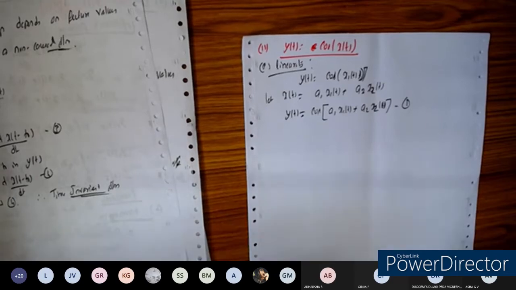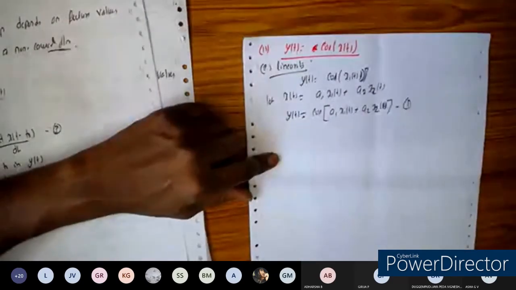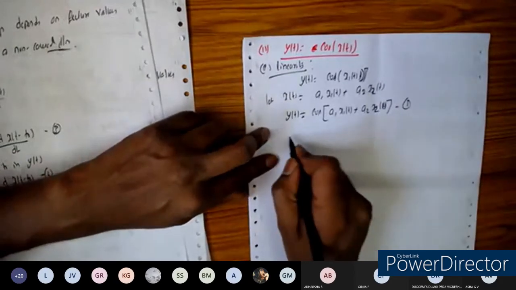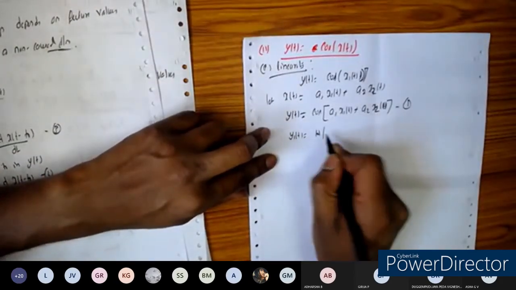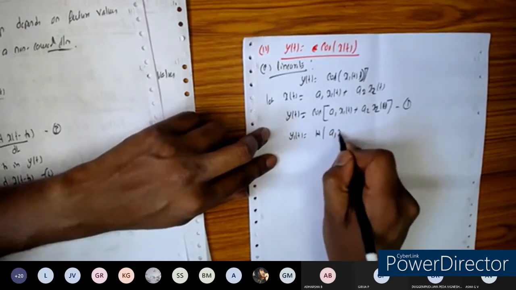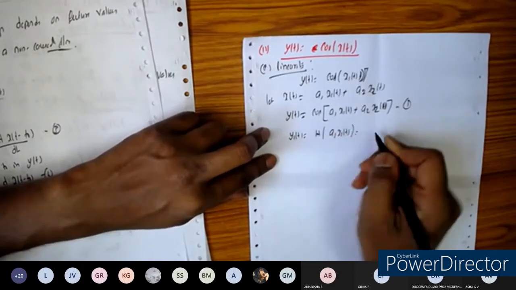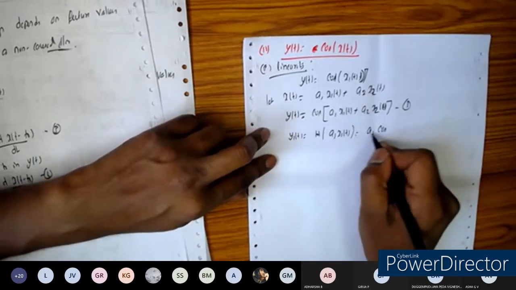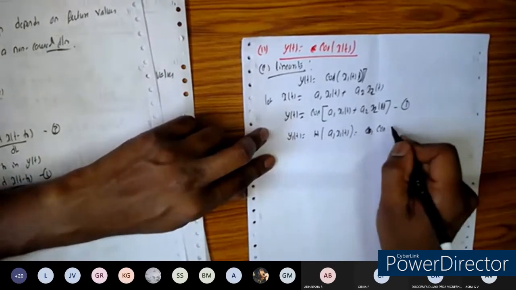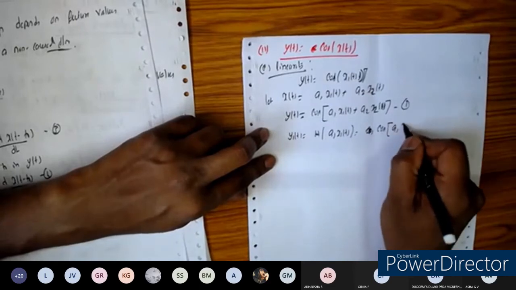Now let us take the individual inputs. Let y1 of t be the output for a1 into x1 of t, where the system operator is h. So h of a1 into x1 of t gives cos of a1 into x1 of t.